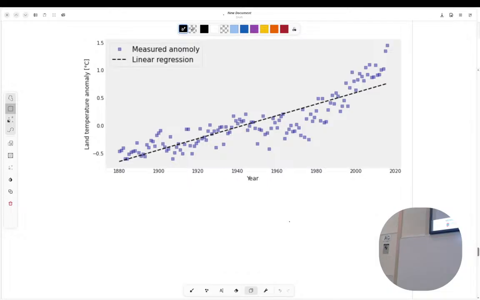Yeah, there's a measured trend, definitely.